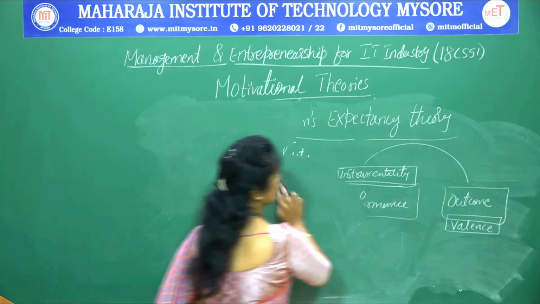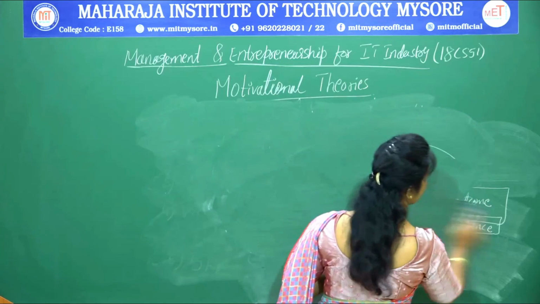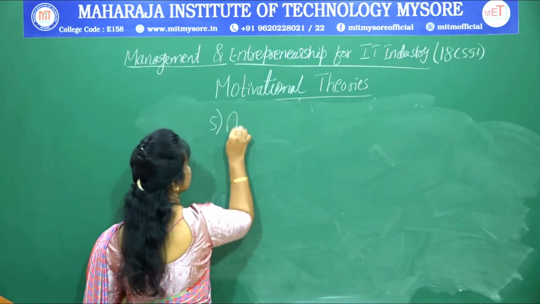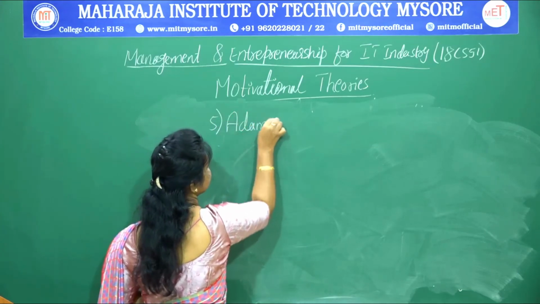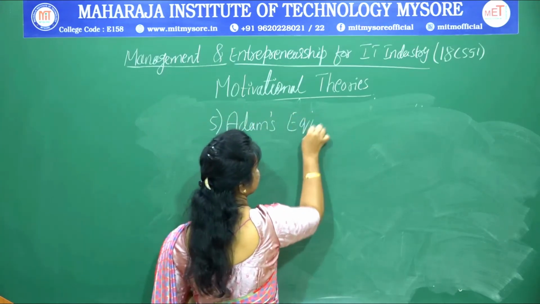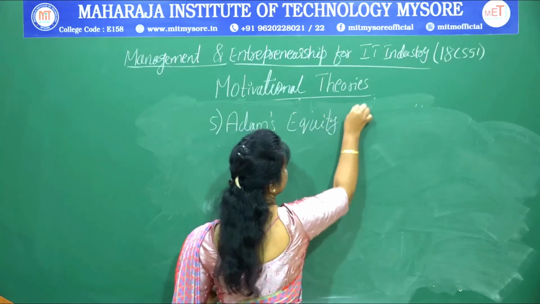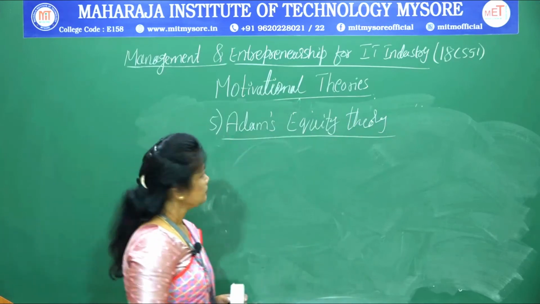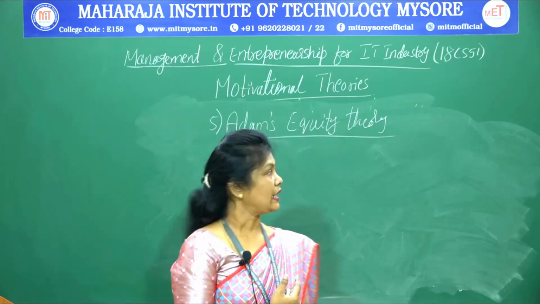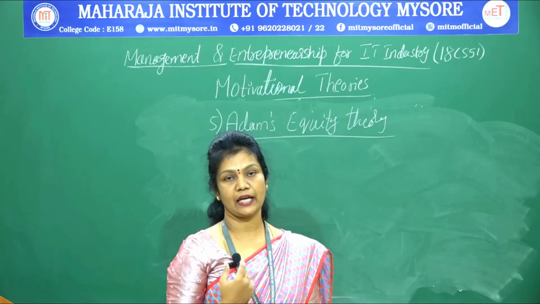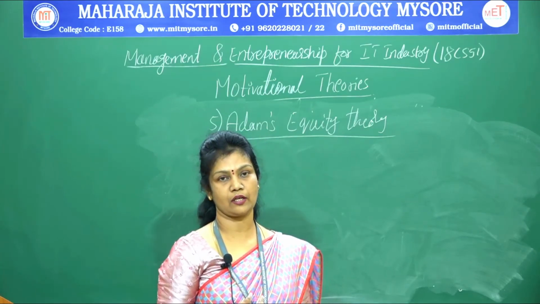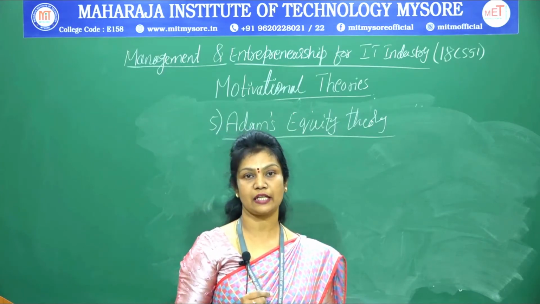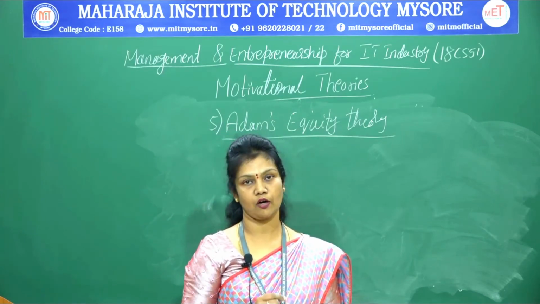Let us move on to the next one, that is Adams' equity theory. So here Adams' equity theory says that the employee's motivation is defined as the ratio between the employee's input and the employee's output.